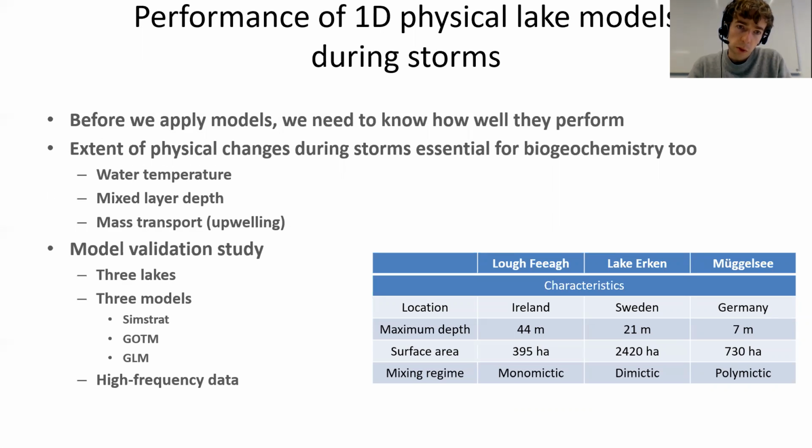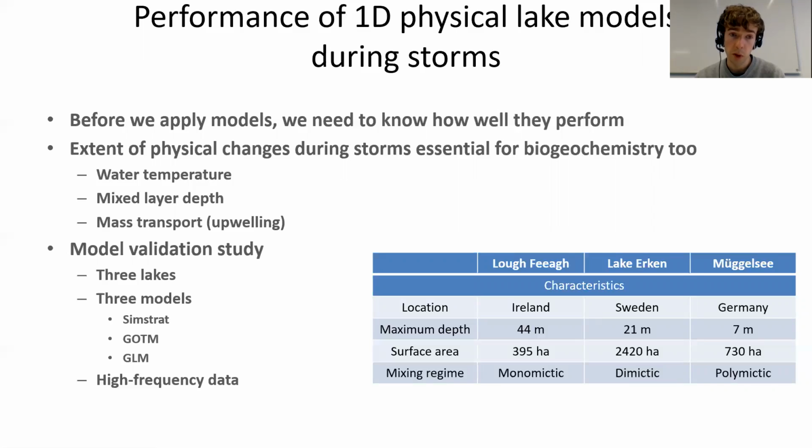Before we apply these models, we need to know how well they perform, and this is what we did with these physical models. Although we are also interested in the biogeochemistry, it's essential to get the physics during storms right, as water temperature, mixed layer depth, and mass transport of nutrients are essential to know how well phytoplankton can grow after a storm.